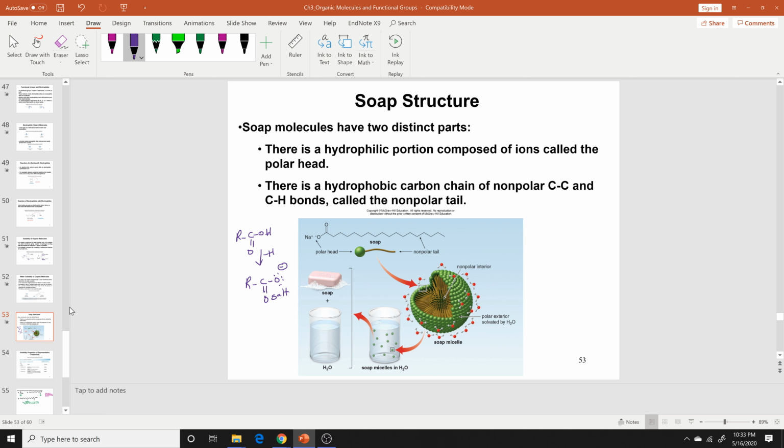And this is how soap cleans, by basically making sure that its nonpolar tail stays away from the water. Now its polar head is the one that is going to face water and do the cleaning.